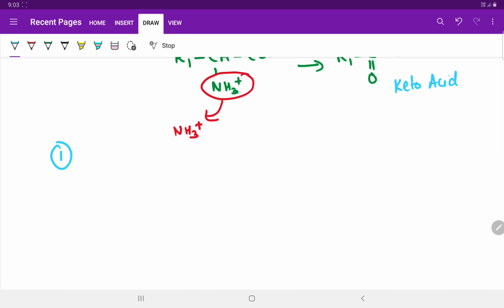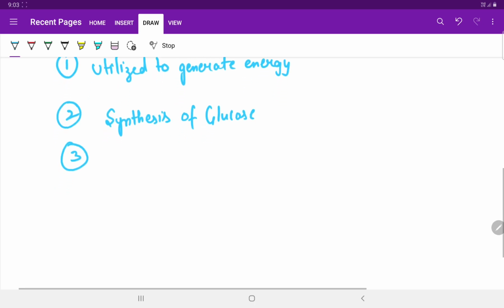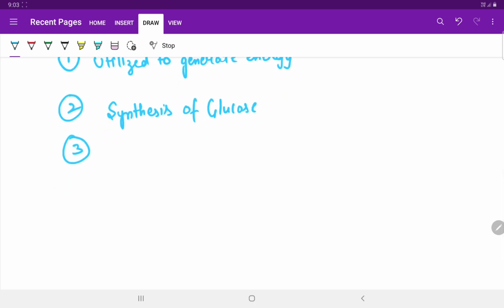First is the utilization of energy. It is utilized to liberate energy. The second point is, it is used for synthesis of glucose. Third is diverted for formation of fat or ketone bodies, that is formation of fats or ketone bodies in ketogenesis.